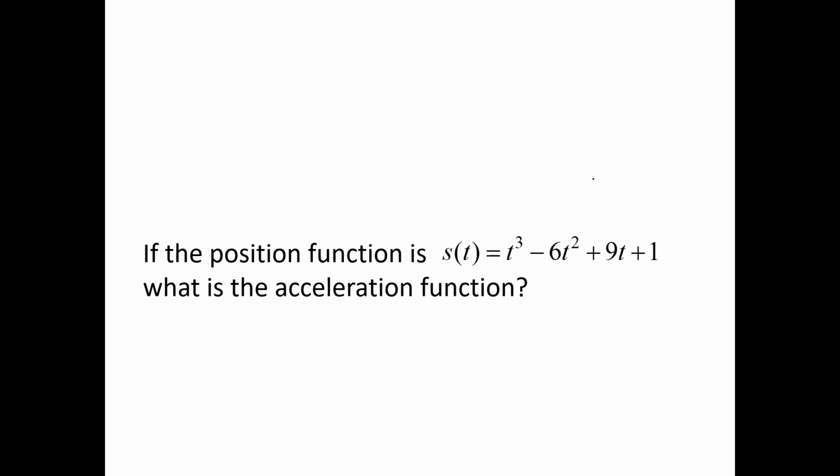Okay, so if the position function is s of t equals t cubed minus 6t squared plus 9t plus 1, what is the acceleration function? Okay, so s of t is t cubed minus 6t squared plus 9t plus 1.